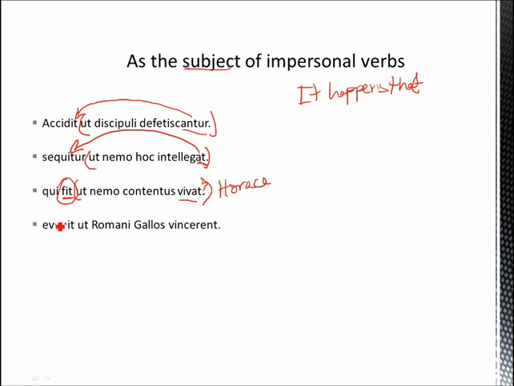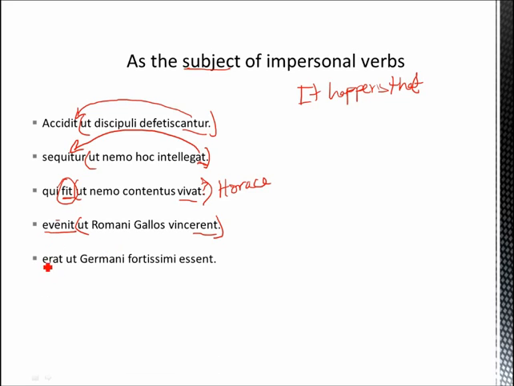We can do the same in a past tense, in secondary sequence. So, it turned out. What turned out? Evenit. Ut Romani Gallos vincerent. There's what turned out. That the Romans conquered the Gauls. Imperfect subjunctive because our main verb is perfect tense. So it turned out that the Romans conquered the Gauls.